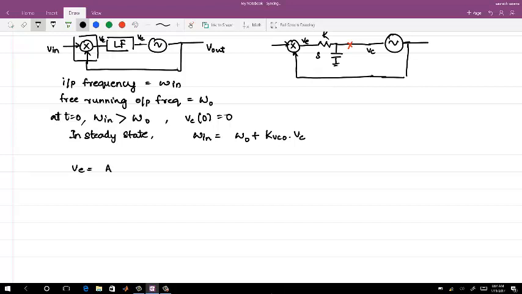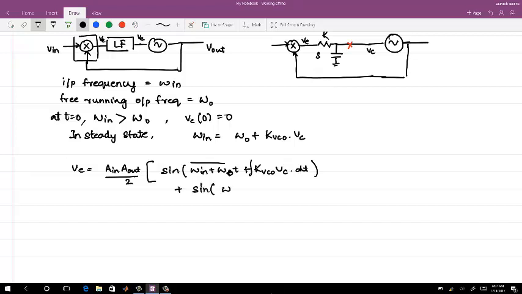V error is, let's assume that A in and A out are equal to 1, this one is sine of omega in plus omega free or omega 0 times t plus some phi offset, or so this one is integral of k VCO times VC dt, okay, plus sine of omega in minus omega 0 t minus k VCO VC dt. This is the equation which we worked out yesterday for the phase error detector.